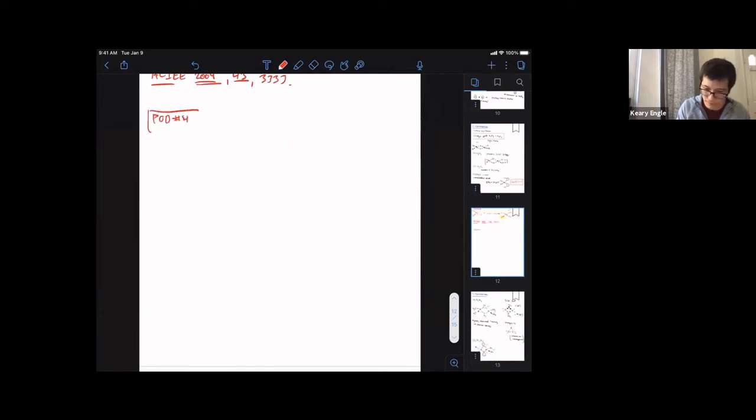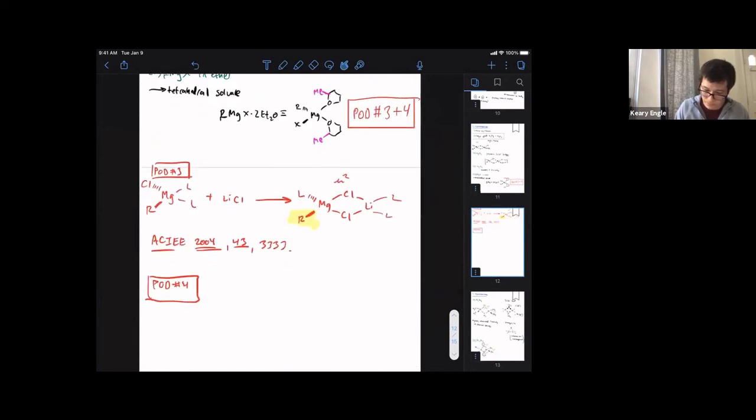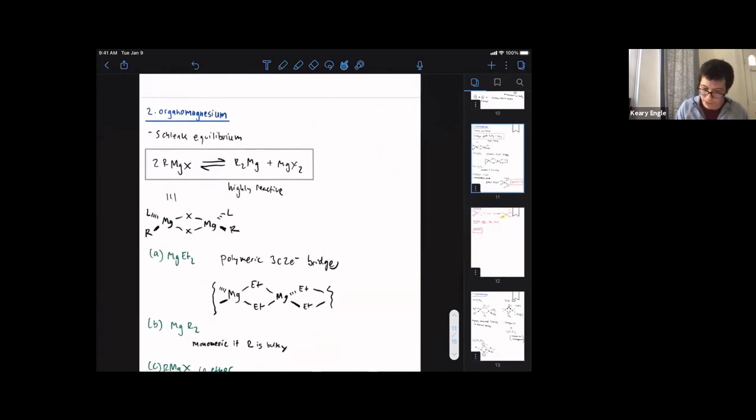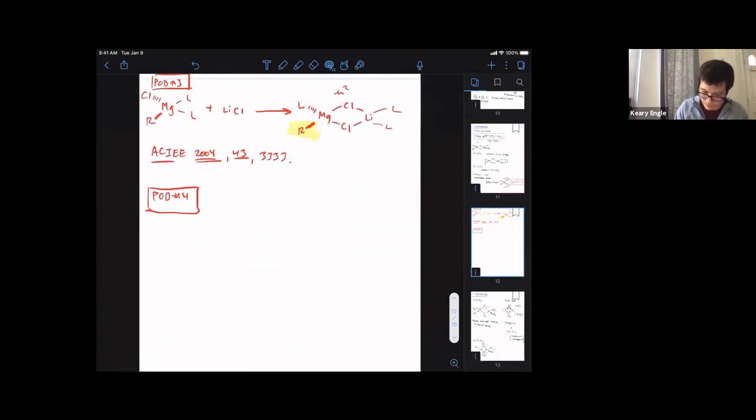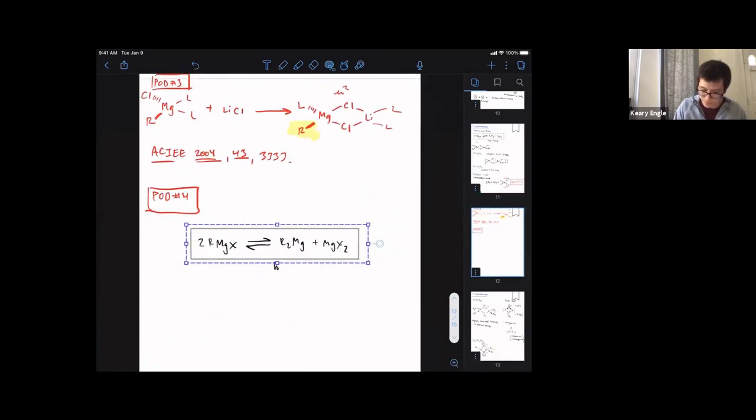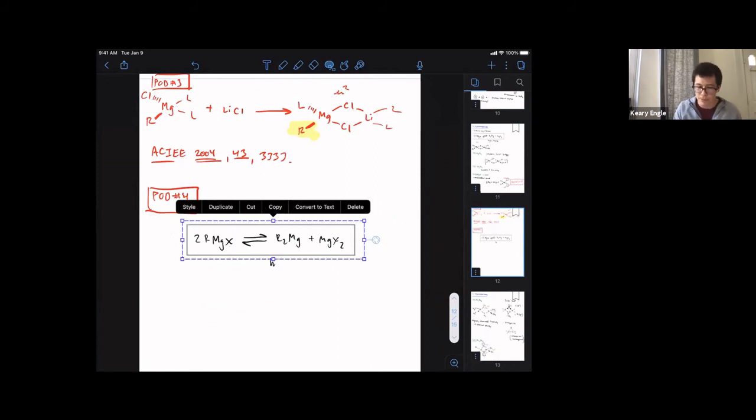Number 4. I'm not sure why I can't paste. Let's try this again. So how does this equilibrium change upon addition of dioxane?